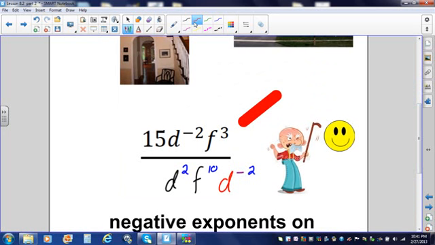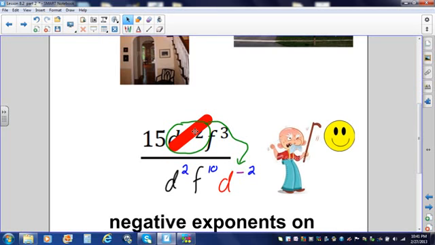So we are going to take the d to the negative 2 and we're going to move it down here to the bottom floor. So it's now gone up here, so I'm going to cross it out. And now that the old man doesn't have to go up and down the stairs, he is no longer grumpy. In fact, he's quite happy.